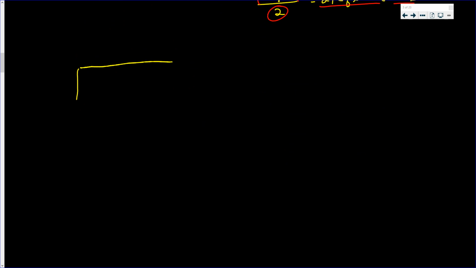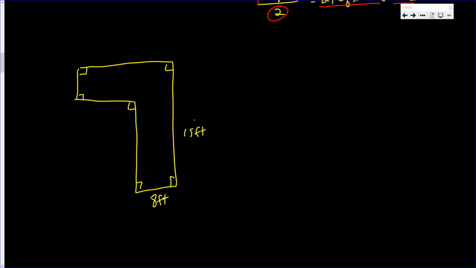Suppose you have something that goes like this, and everything is right angles. Nothing bizarre is going on. And, I don't know, maybe this is 8 feet and this is 15 feet.